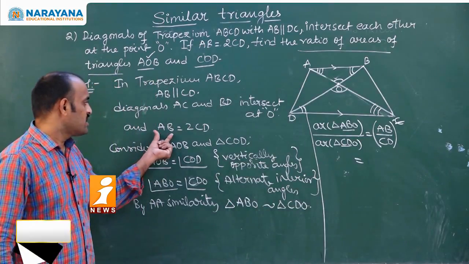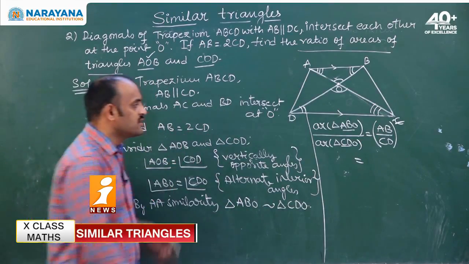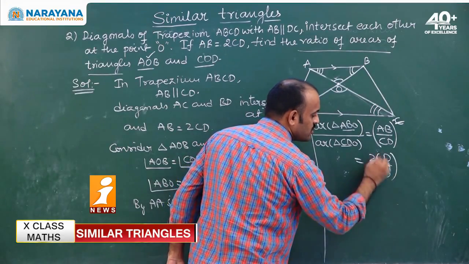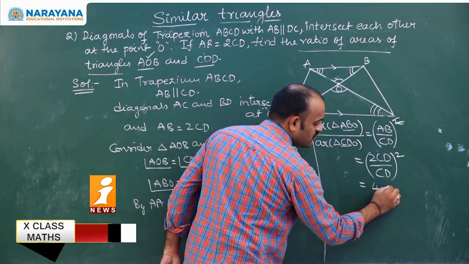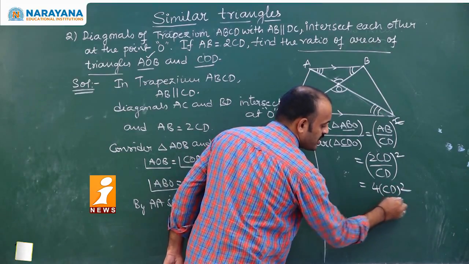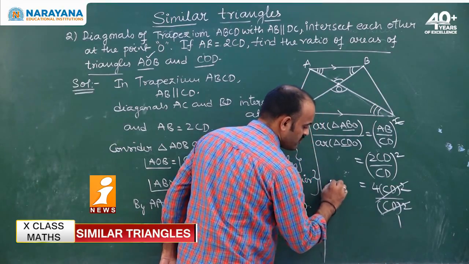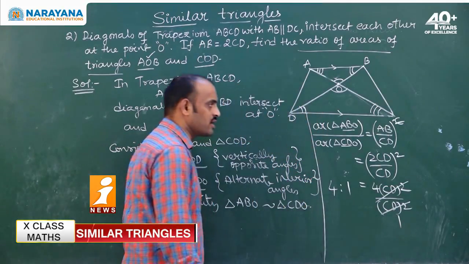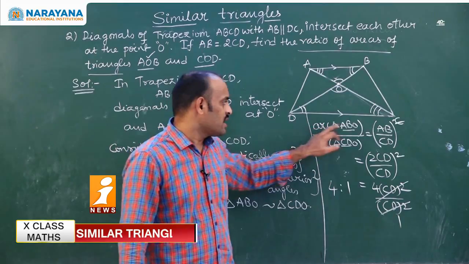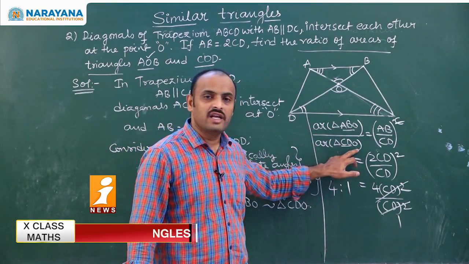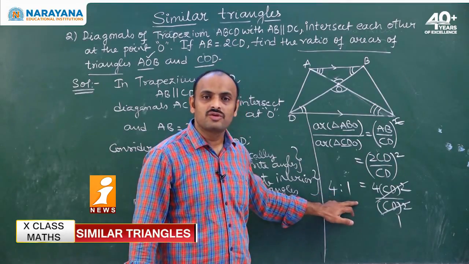But it is given that AB is equal to 2CD. Substitute 2CD. 2CD by CD whole square, which is 4CD square by CD square. CD square and CD square get cancelled, which is 4:1. Therefore, area of triangle ABO to area of triangle CDO is equal to 4:1.